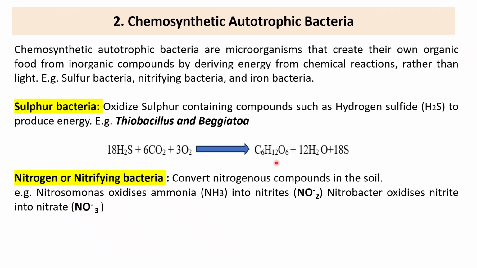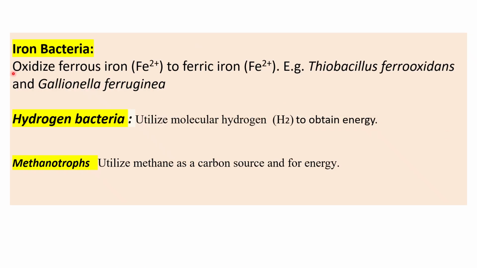Nitrifying bacteria convert nitrogenous compounds in the soil: Nitrosomonas oxidizes ammonia into nitrites and Nitrobacter oxidizes nitrites into nitrates. Iron bacteria oxidize ferrous iron to ferric iron, examples Thiobacillus and Gallionella. Hydrogen bacteria utilize molecular hydrogen to obtain energy, and methanotrophs utilize methane as a source of carbon and energy.